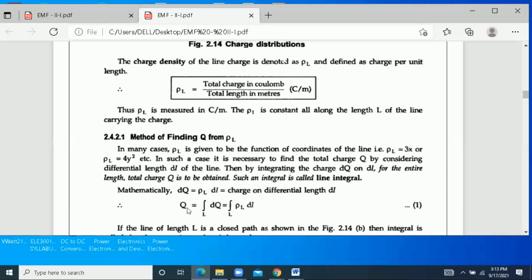All right? Mathematically, it's the integral along the length of dq.